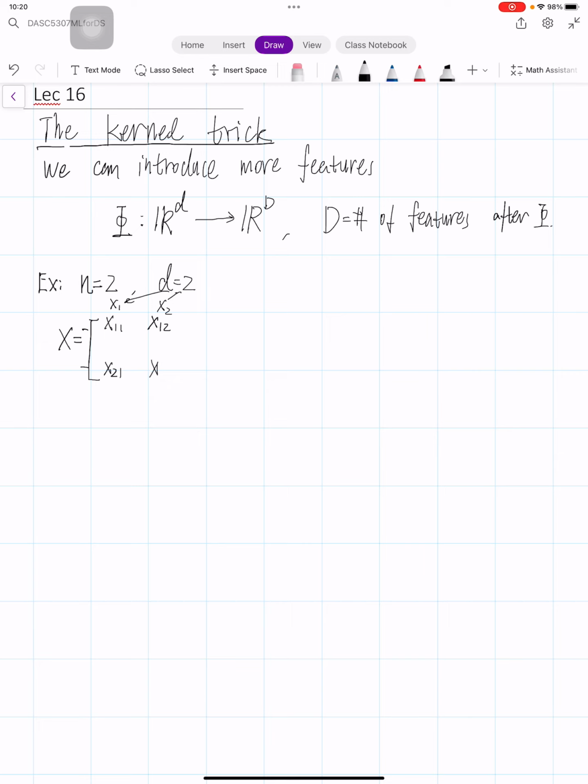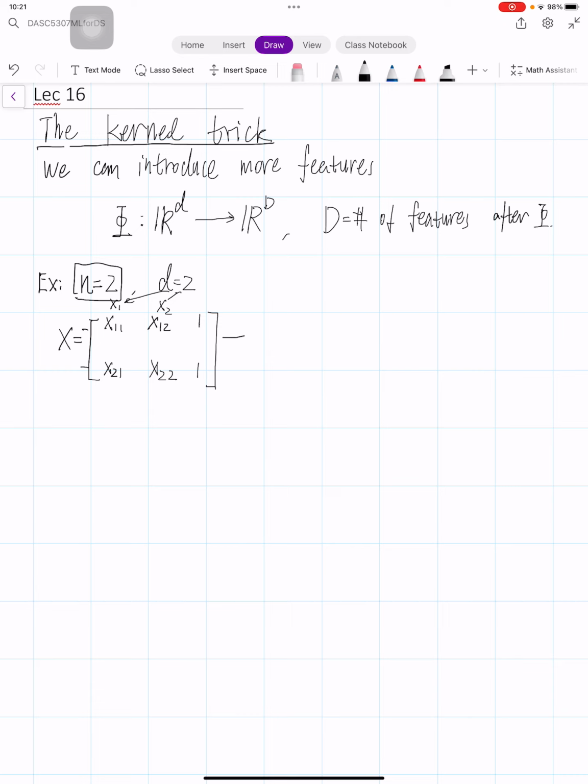Suppose here we only have a very small sample size, n equal to 2, but in reality you can think of n equal to 100 sample size, and maybe 200 or 50 features or something like that. But here I just give you a demo.